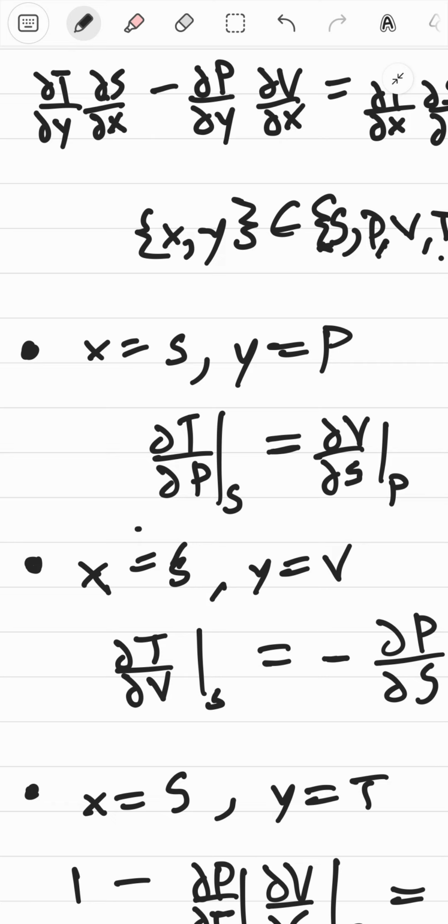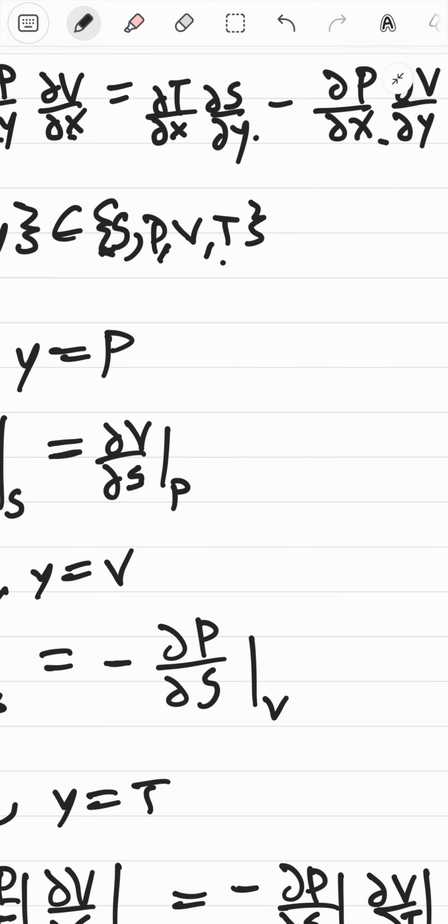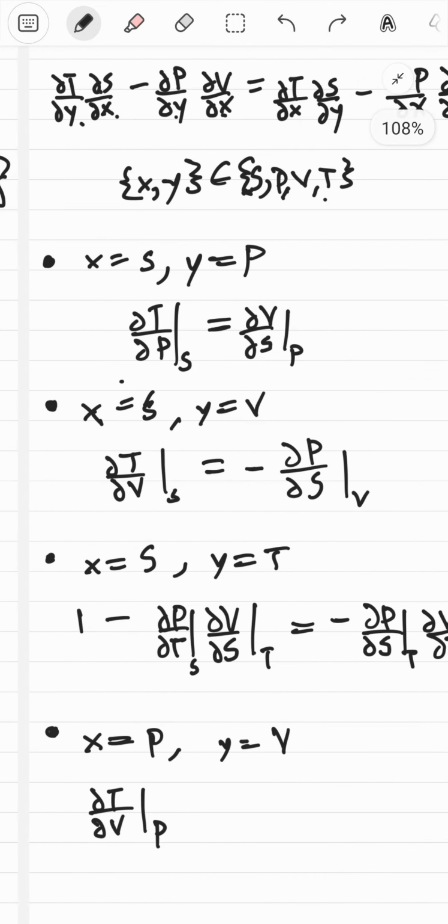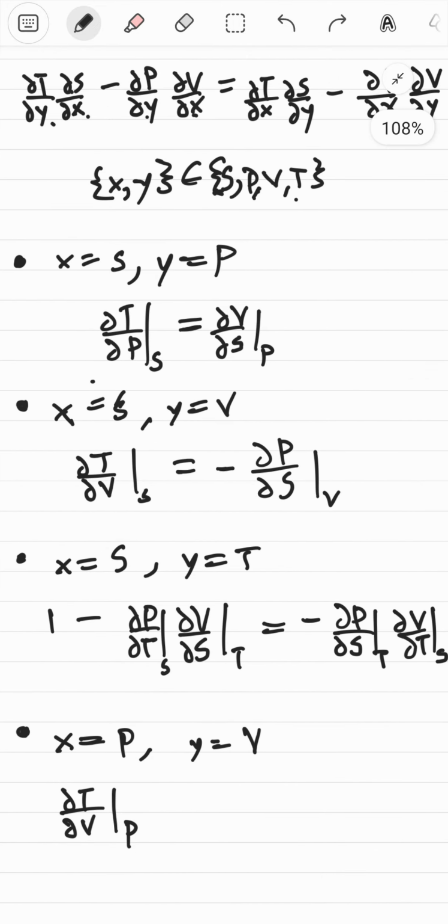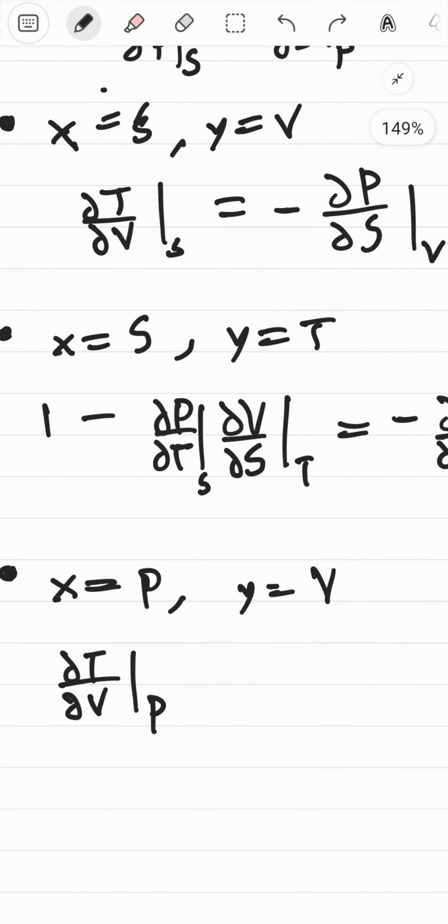So it just changed basically, you have y and x over there, but now you have x and y. That's the only thing, so I can kind of memorize this. Anyway, so you just have partial T by partial V at constant pressure, and then partial S by partial x at constant y, right? So that thing, x is P, so partial P at constant y, so at constant volume, right?